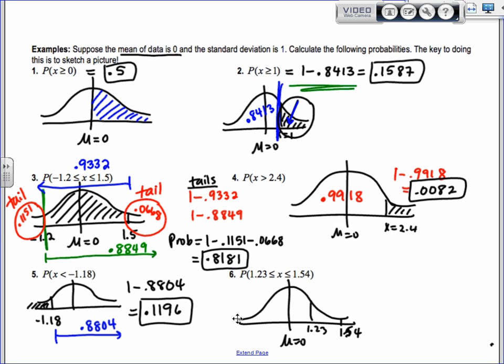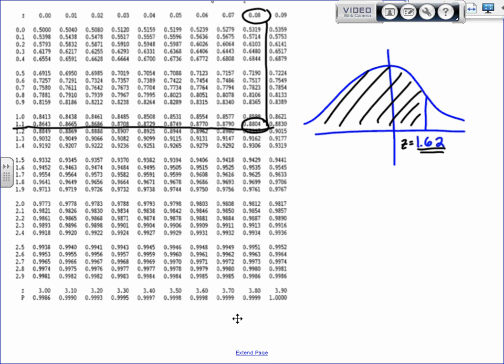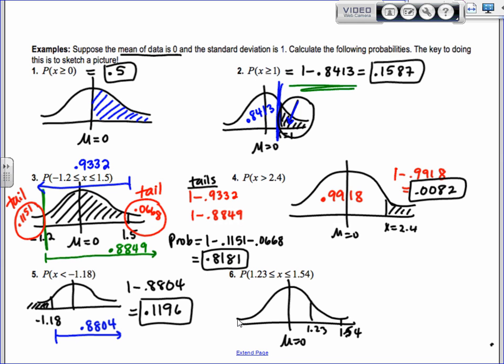All right, so when you look up 1.23, did you guys do that? What do we get? Yeah, 0.8907. You guys all have that 0.8907. What that represents is everything shaded up until you get to 1.23, right? It's more than 50%. That's the key.